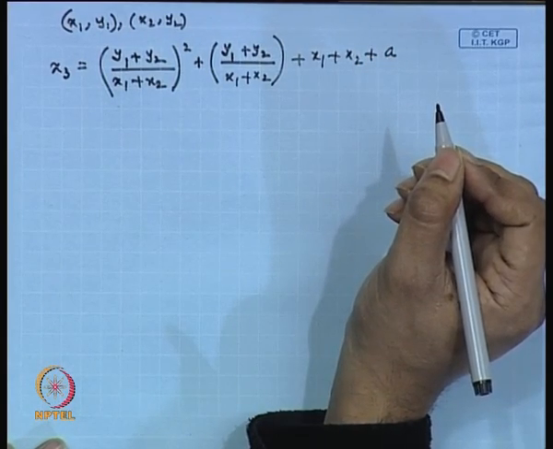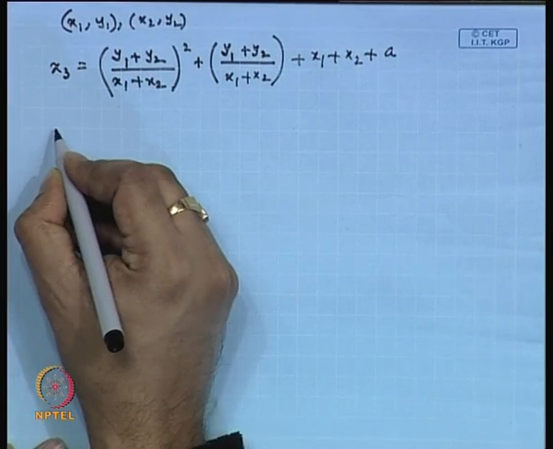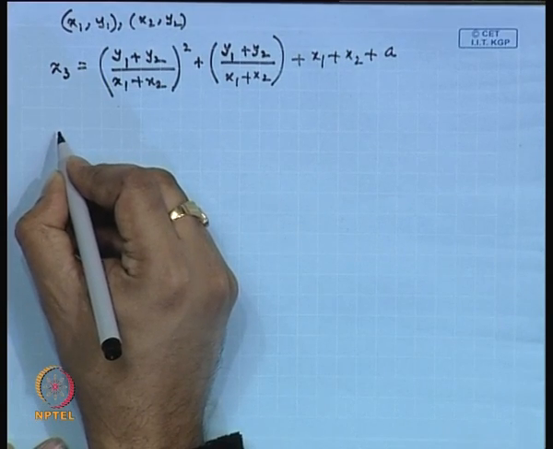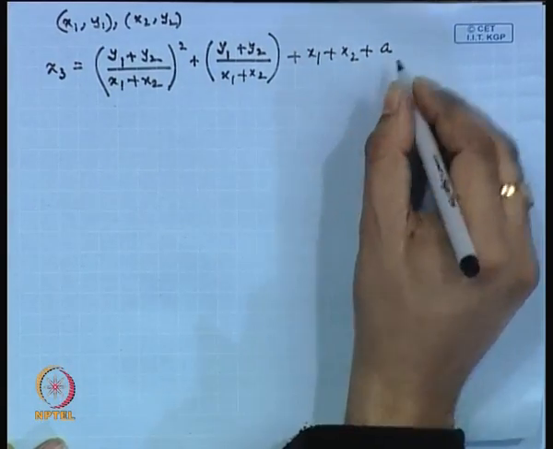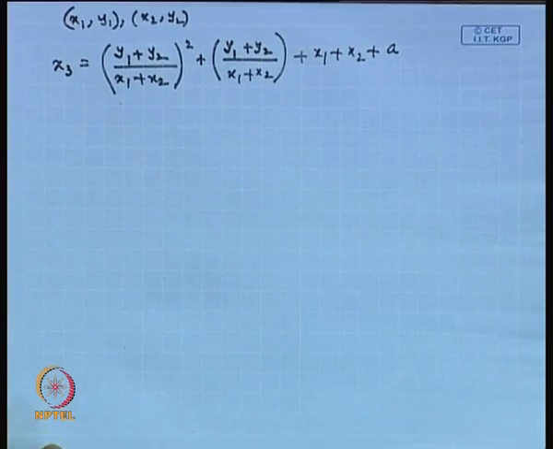That is the corresponding sum x coordinate, and the corresponding y coordinate is (y1 plus y2) divided by (x1 plus x2) into (x1 plus x3) plus x3 plus y1.